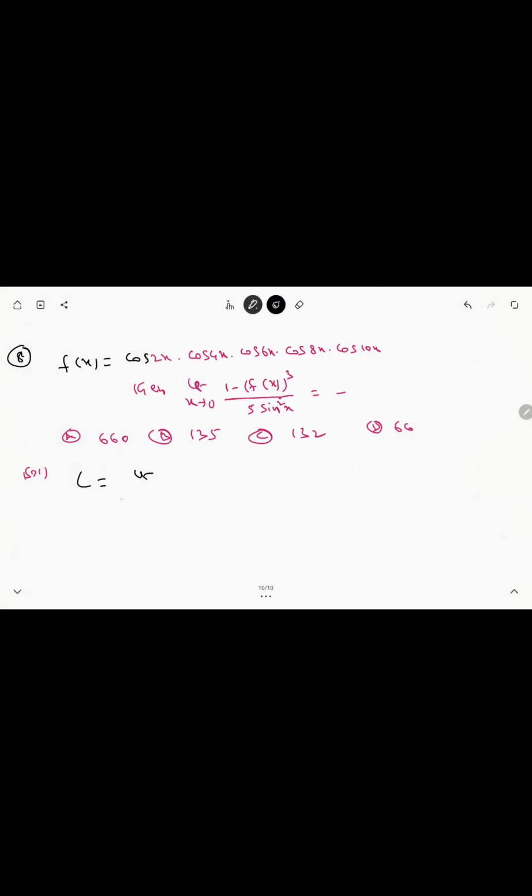So L is equal to limit x tends to 0, 1 minus f of x whole cube. The formula a cube minus b cube can apply: 1 minus f of x into 1 plus f of x plus f square x. Correct? Multiply and divide by x square here. So whenever x tends to 0, what is f of 0 here?